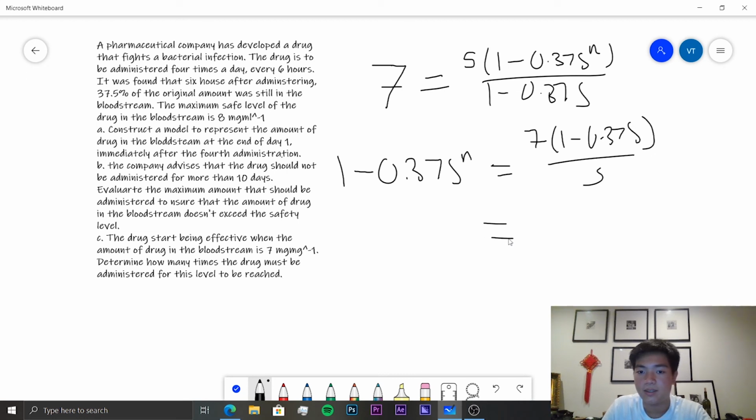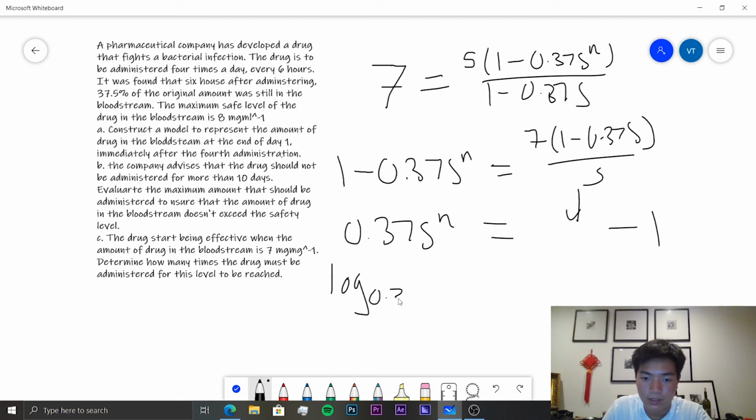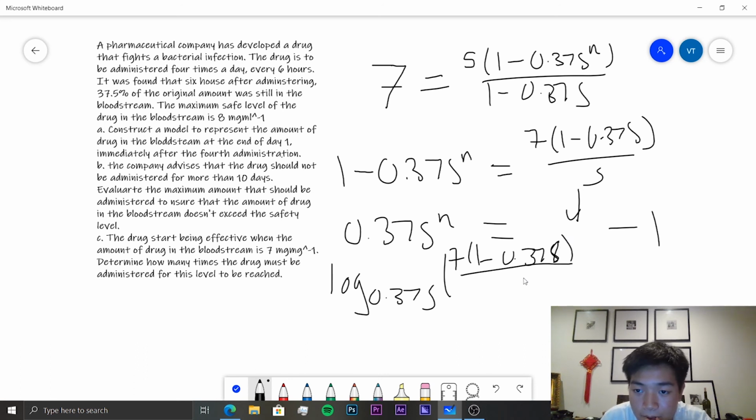So let's just rearrange this so we get a logarithm. So we have 0.375 to the n is equal to 1 minus this. And so the logarithm with base 0.375 of 1 minus 7 times 1 minus 0.375 divided by 5 is equal to n.